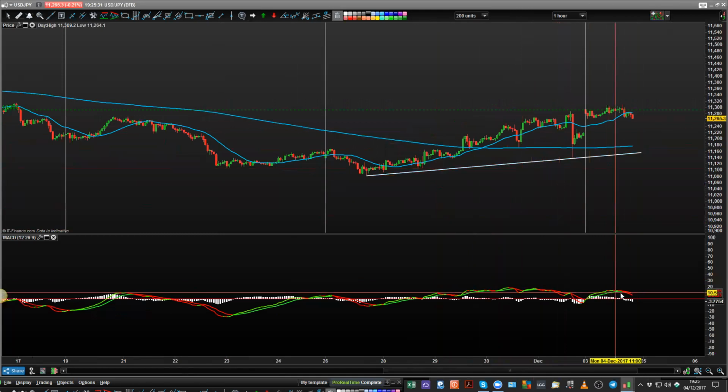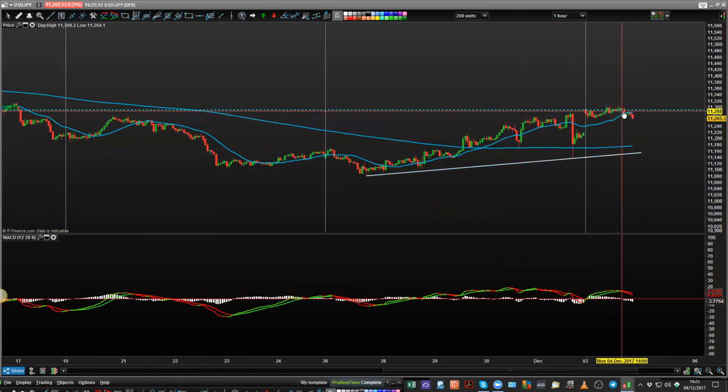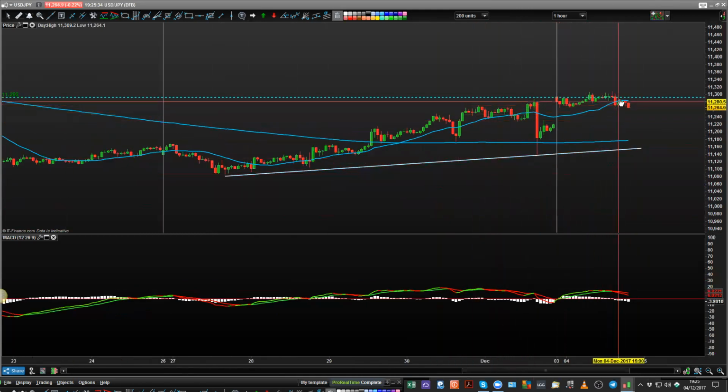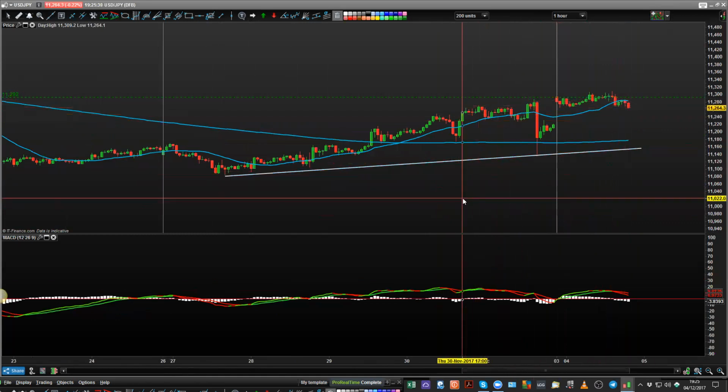Again, the momentum's coming off, we've crossed, so we're selling. That green dotted line is Sunday open, coming down from 293, very, very slow, very grinding.